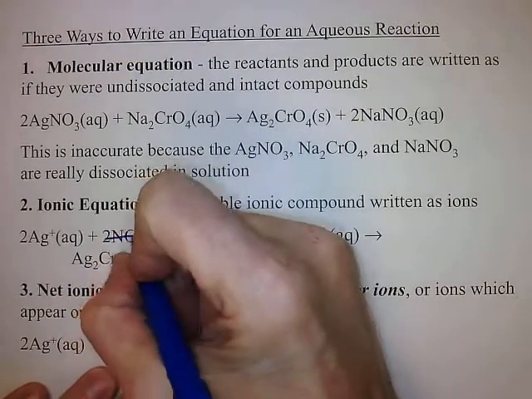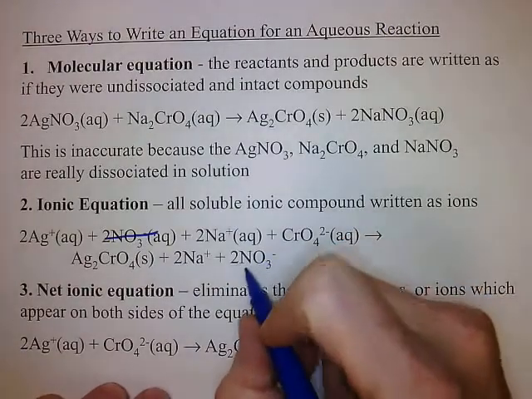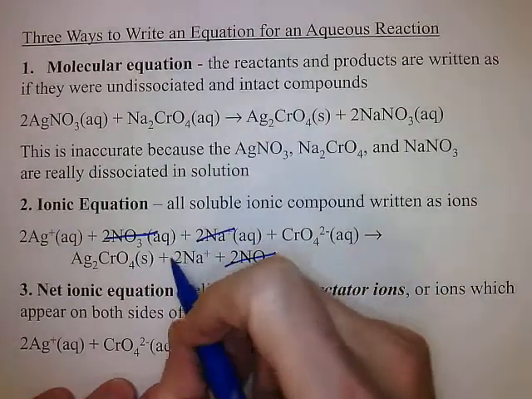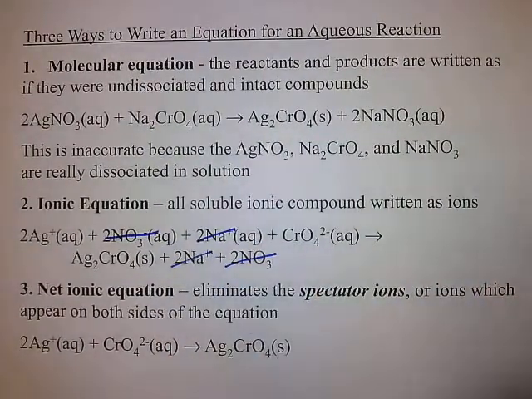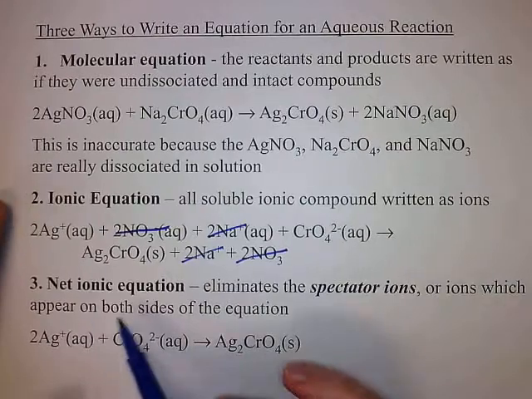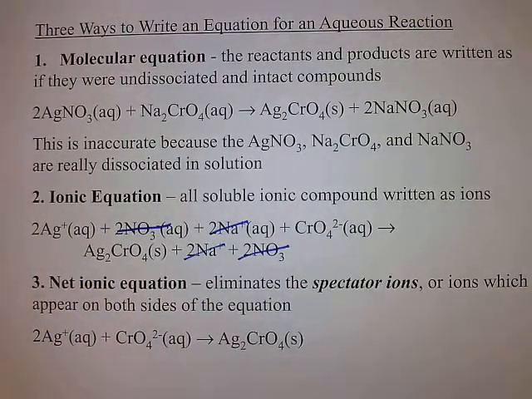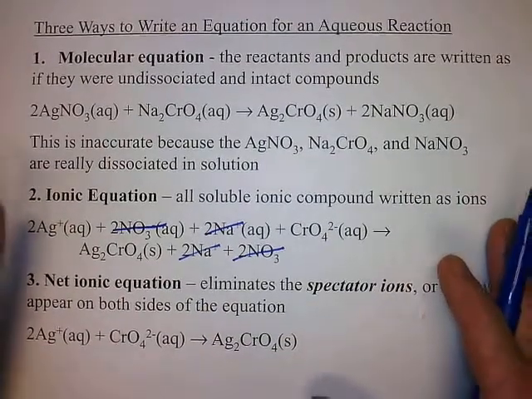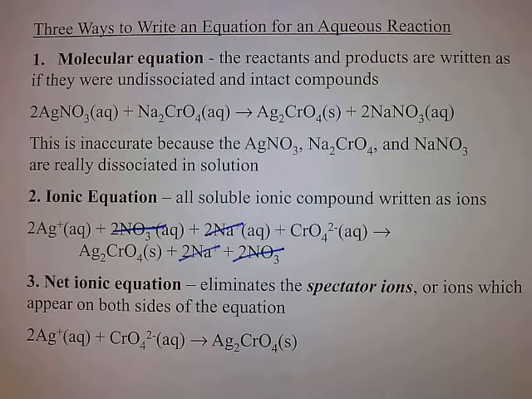We have 2 nitrates on the left and 2 nitrates on the right, and 2 sodium ions on the left and 2 sodium ions on the right. Those are all spectator ions. We can cancel these out, and what are we left with? The 2 silver ions and the chromate combine to form the silver chromate. Basically, all the ions cancel out except for those that are involved in the formation of the precipitate. And that gives you the net ionic equation.